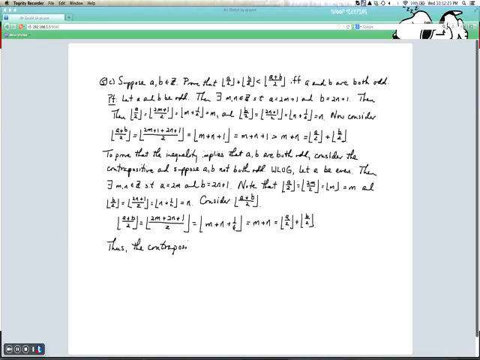Thus, the contrapositive holds. And the statement then is correct.